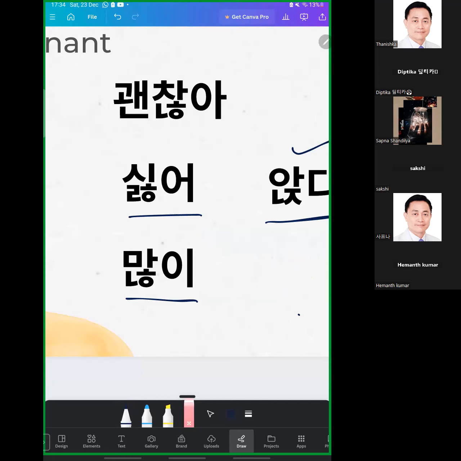But now, since there's a vowel here after it, how will you read this word? Hai? Are you sure? Which is the final vowel? Is this a?